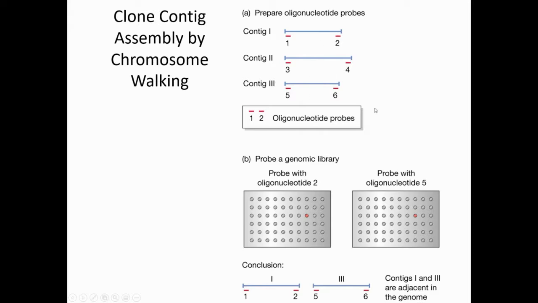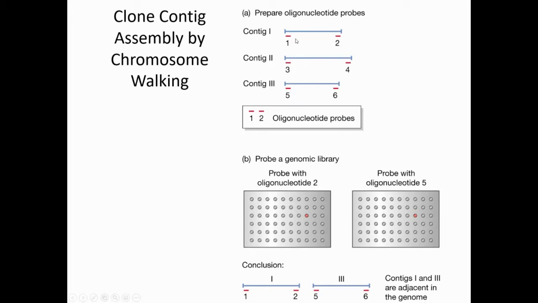They give you 1, 2, 3, 4, 5, 6, and then you have a genomic library. Then from this probe, you use the oligo probe 2, all right, and then hybridize the whole genomic library, and then you see the signal at this location. So you know this signal contains the probe number 2, all right.